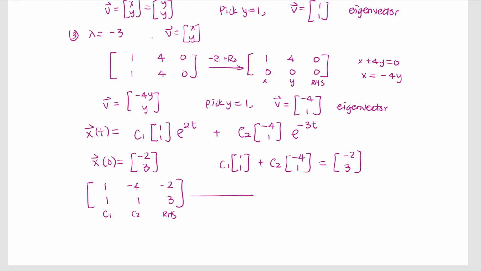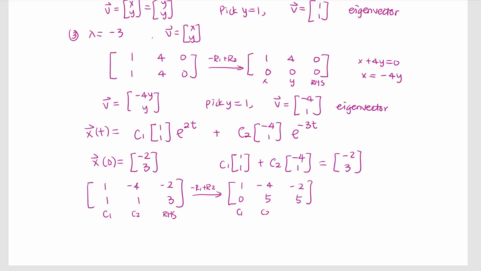Okay, so we use negative row 1 add to row 2. Then we have 1, negative 4, negative 2. 1 minus 1 is 0. 1 minus negative 4 is 1 plus 4, which is 5. 3 minus negative 2, 3 plus 2, is 5.